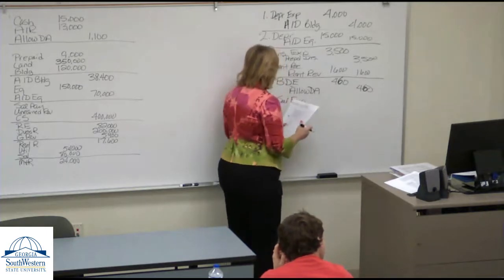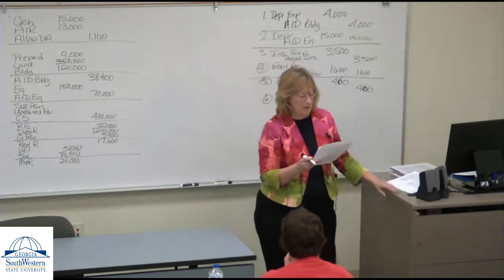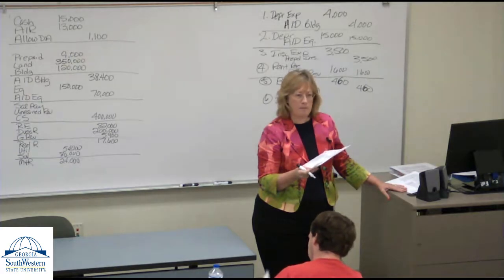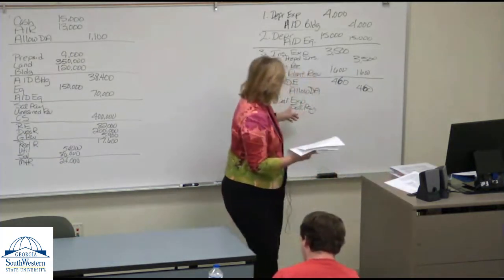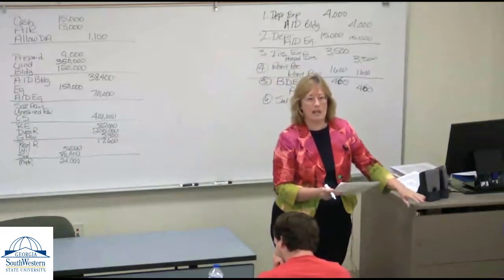Okay, so what are we doing here? We're accruing our payable, for what we owe people. We're increasing our payable, and we're increasing our salaries expense for what they owe these guys as of right now.